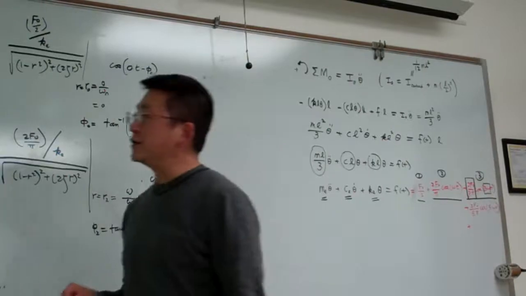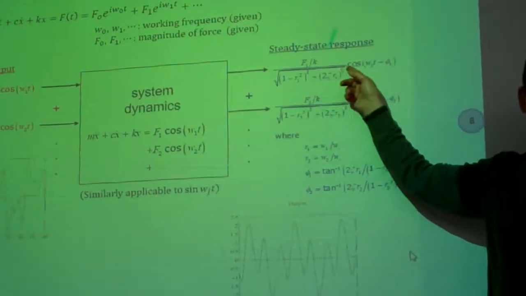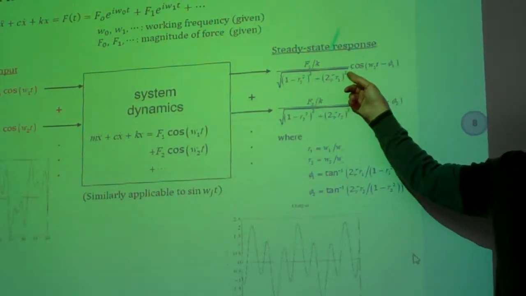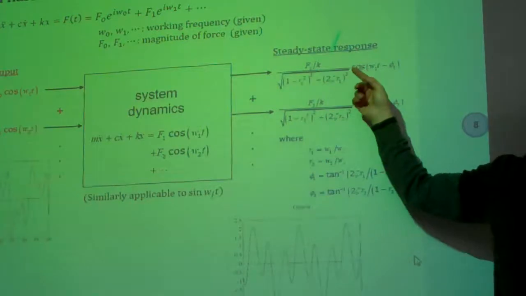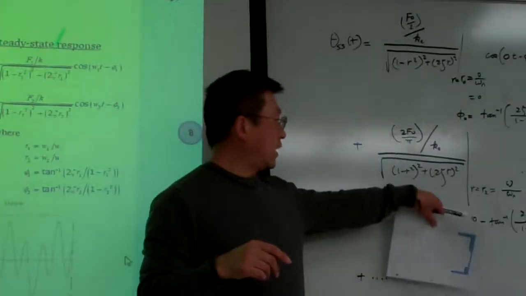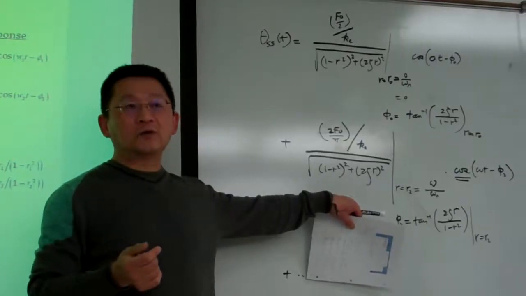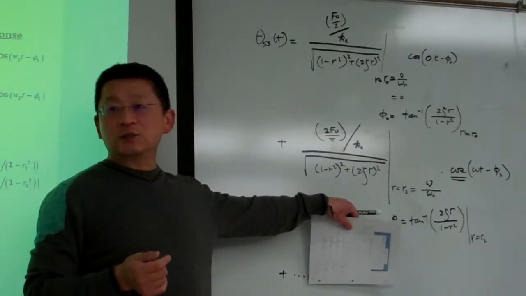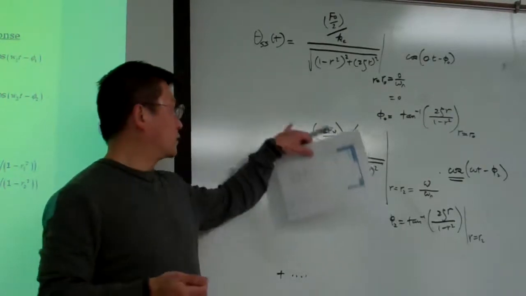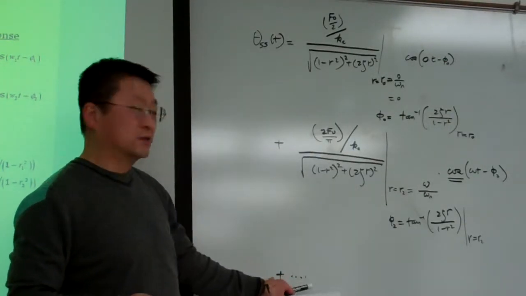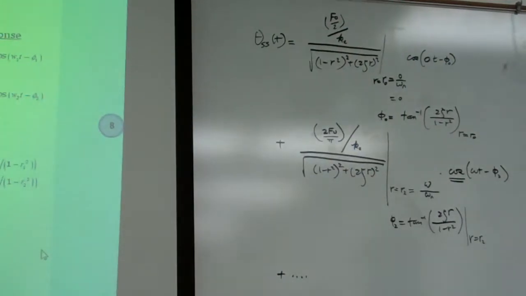For each harmonic term, the response is like this, and this is based upon chapter 3's learning outcomes. If you need more exercise on this, simply go back to chapter 3, either our slides or the textbook, understand the meaning of the individual terms here, and then you simply do the linear combination, the superposition of the responses. Okay, so that's it for this example.